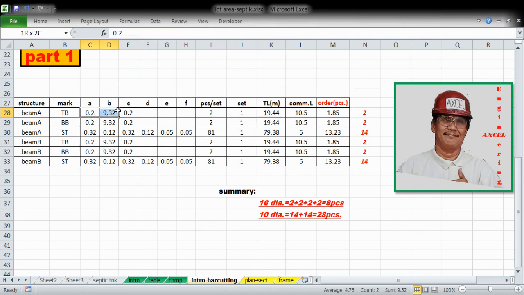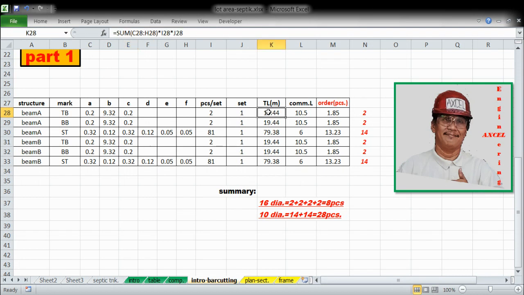Ulitin ko ha, add, then after you add, i-multiply mo dito. Okay? I-multiply mo rin dito. This is the answer. Or simply, naka-formula. Yan ang formula niya, the sum of A, B, and C.